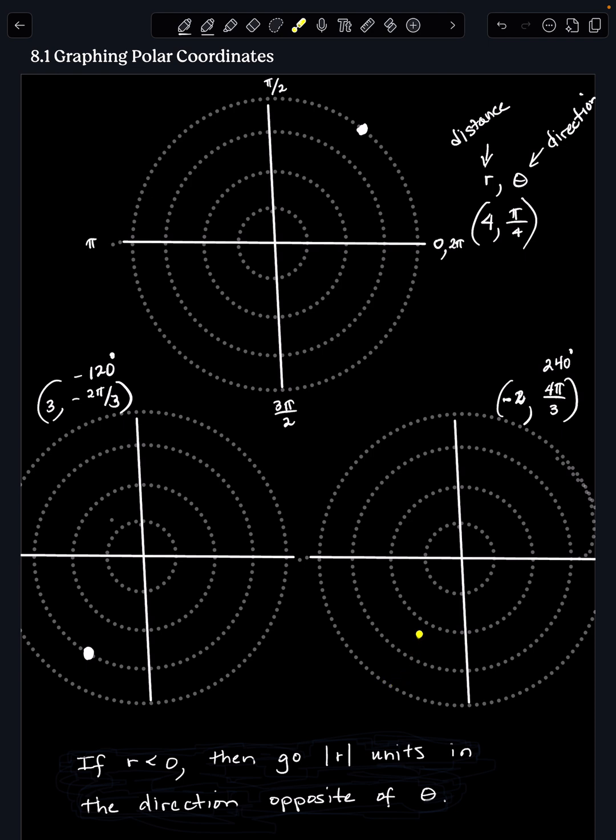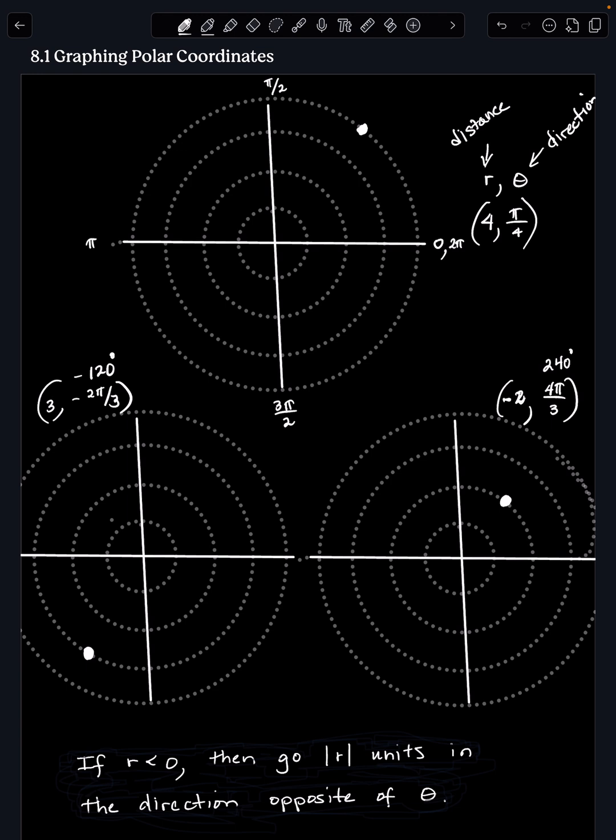I would be 2 units here, but since my r value is negative, I'm going to go in the opposite direction. So instead of plotting that at 2, I'm going in the opposite direction. So my point is going to be right there.